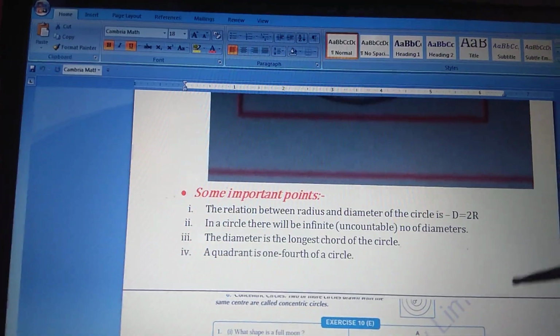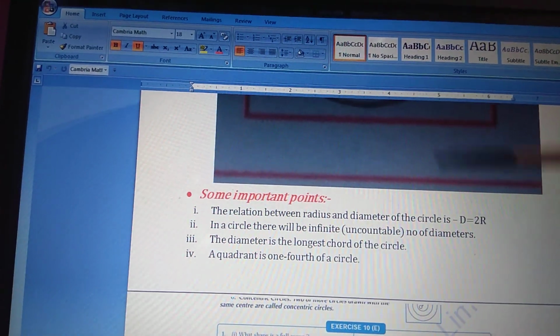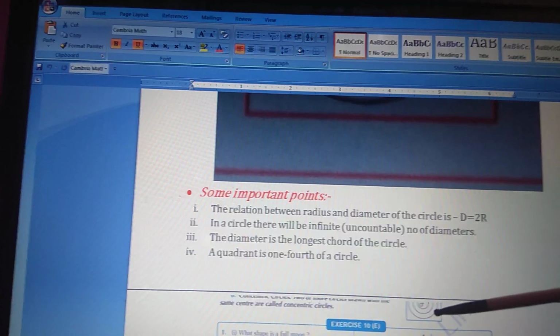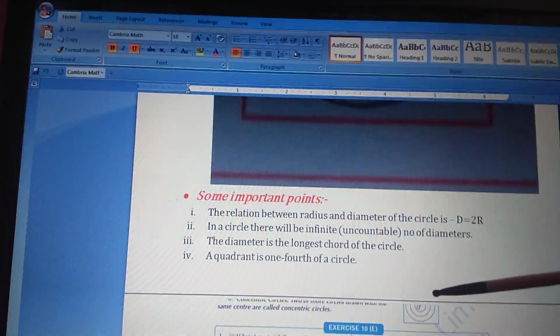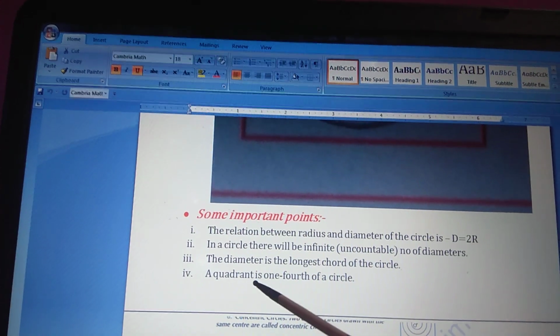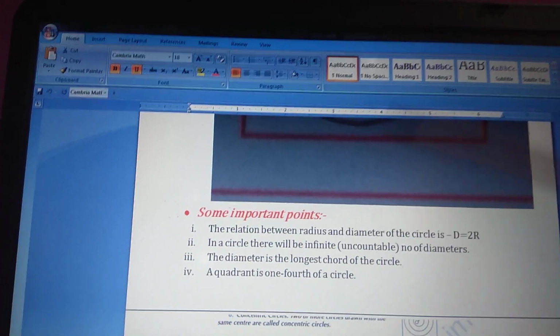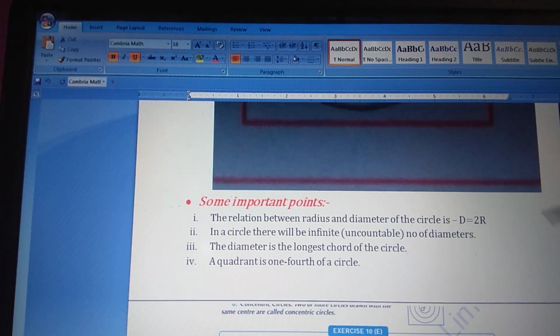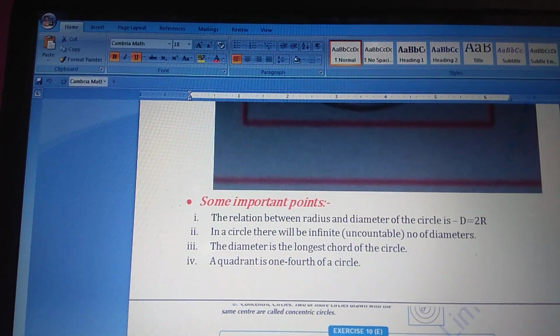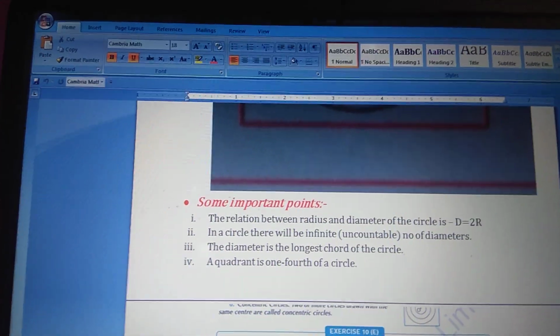Previously I told you the chord which passes through the center is called the diameter, and the diameter is the longest chord of the circle. The fourth point is a quadrant is 1/4 of the circle. That means if we divide the circle into 4 equal parts, then one part is called its quadrant.